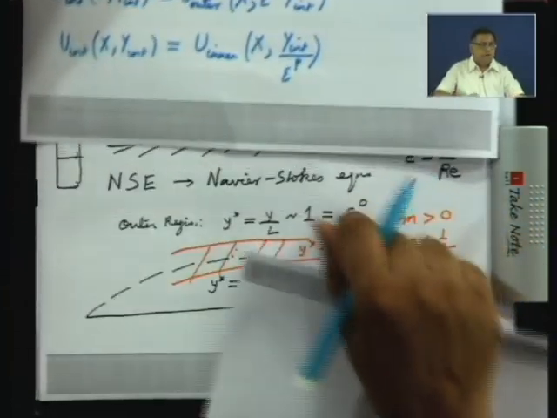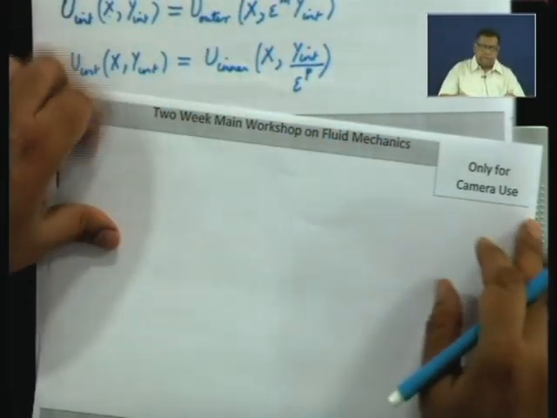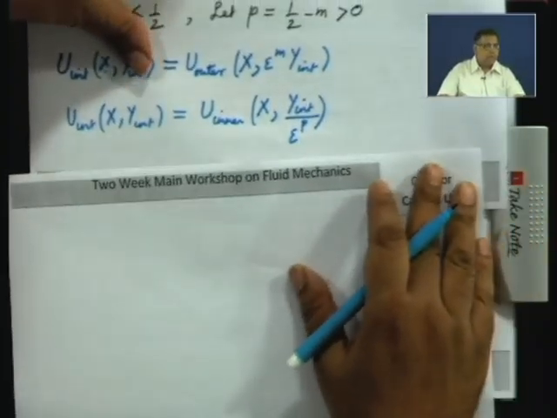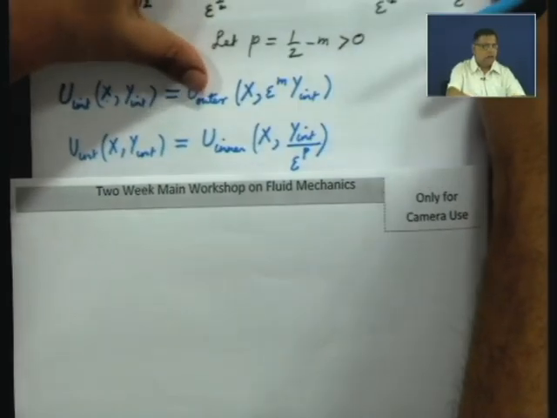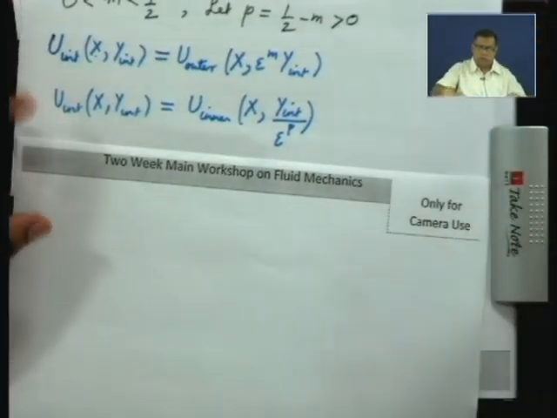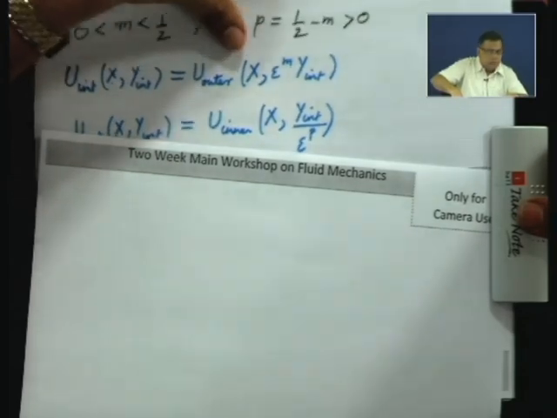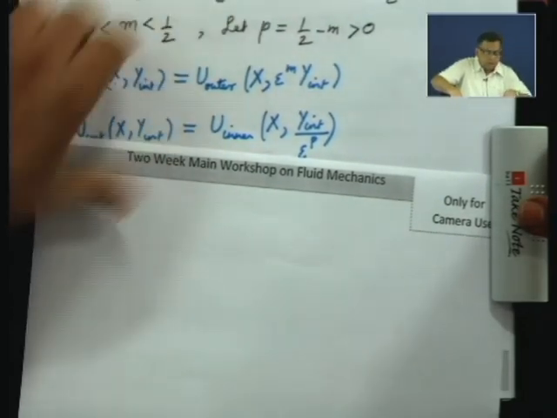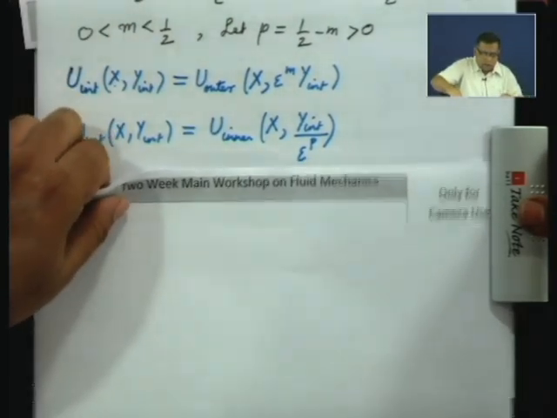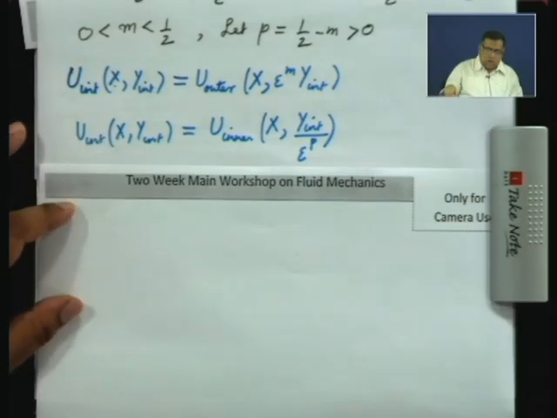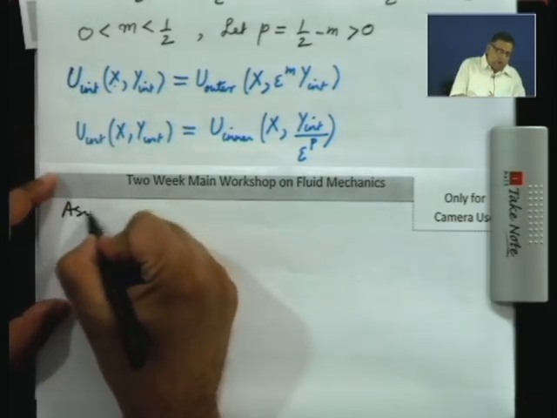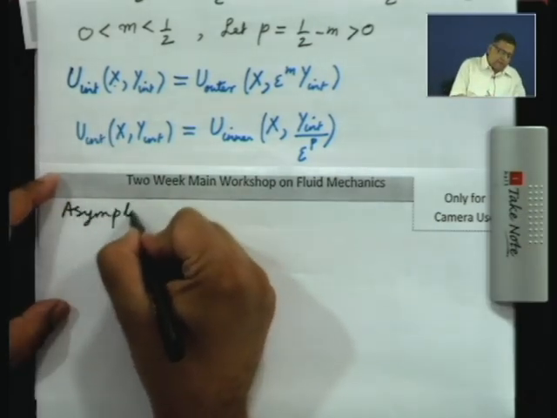So, this is what is called asymptotic matching.